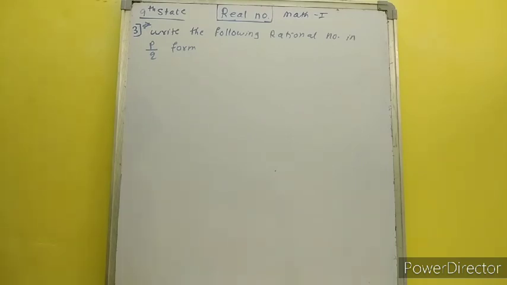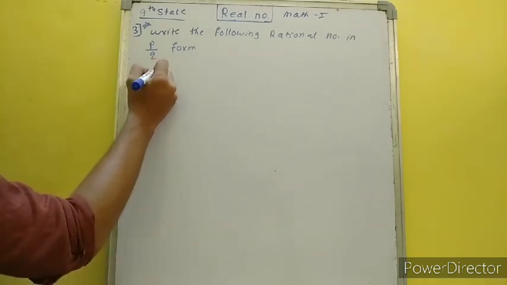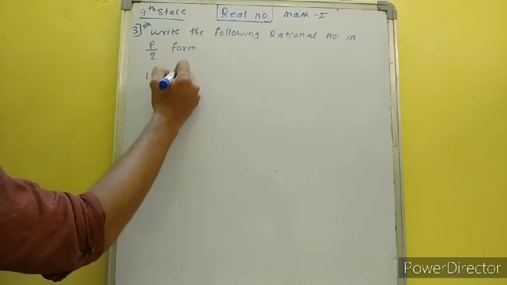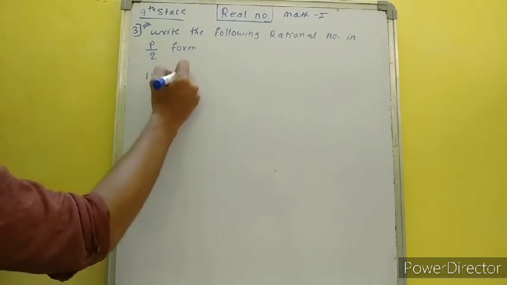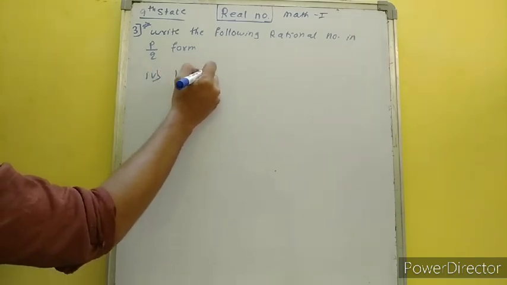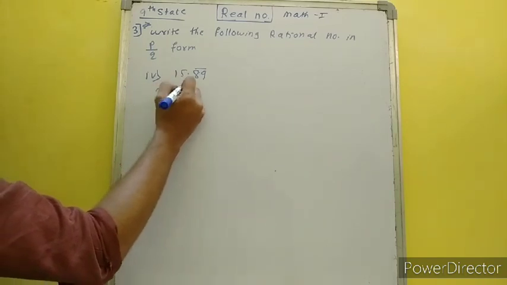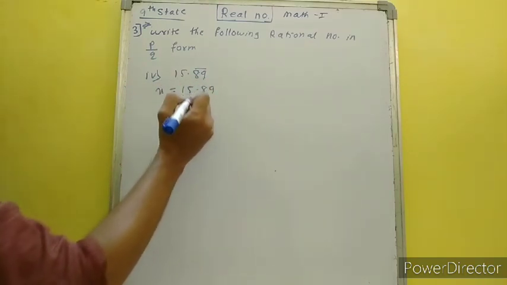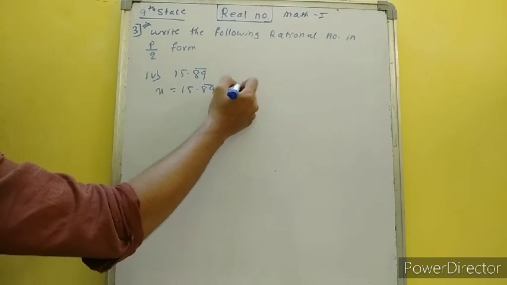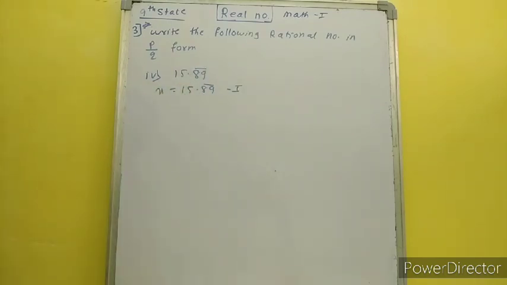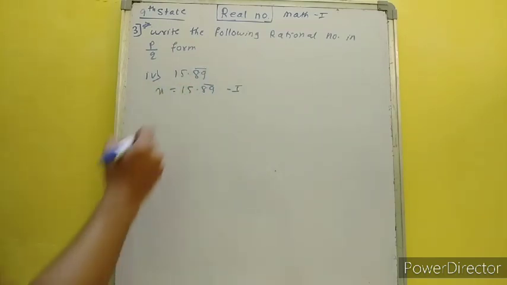What is the fourth one? 15.89 recurring. So we'll take x equal to 15.89 recurring. How many digits after the decimal are getting repeated? 2. 2 means multiply by 100.